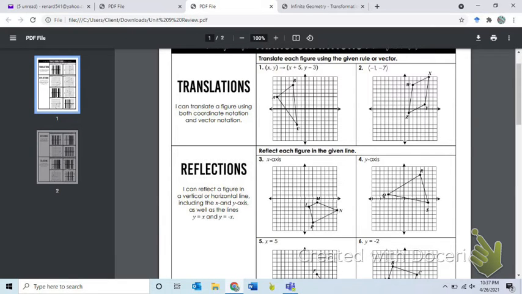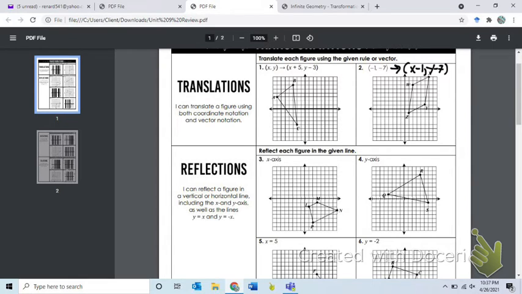The rest of that other page are very similar things. With what we went over, you have the ability to solve all of those problems. So number 1 is just like the ones we already did. Number 2 is a little different-ish. It's in vector form, so it's -1, -7. What that really means is x minus 1, y minus 7.